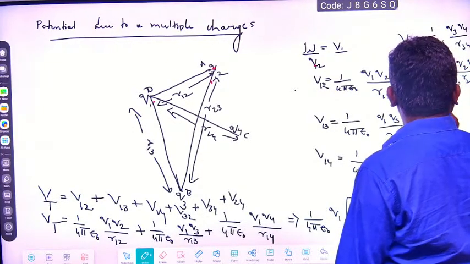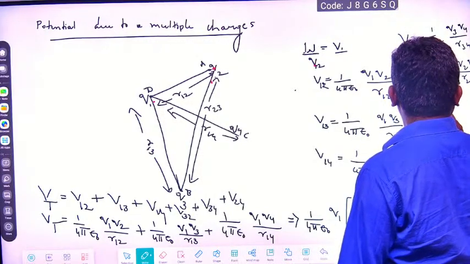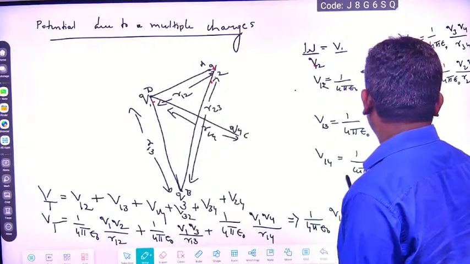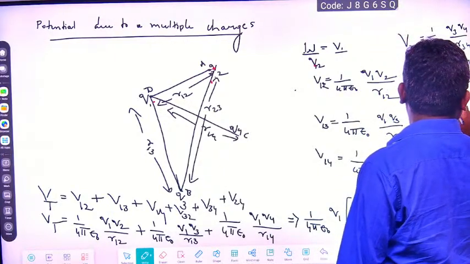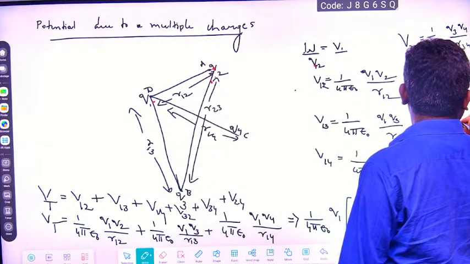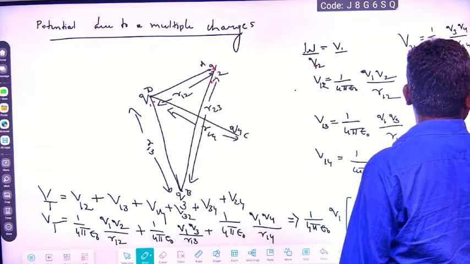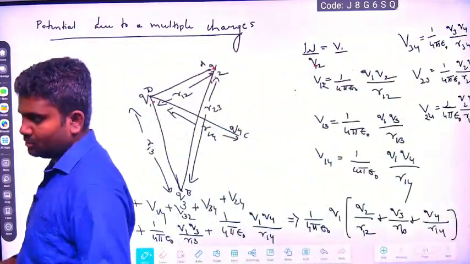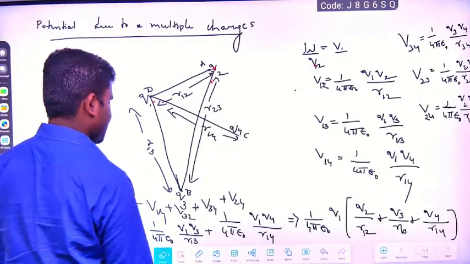Then V34, V24, yeah, V24 also. V24 which is 1 by 4 pi epsilon naught Q2 Q4 by R24. Please add all that. If you add all that only, you will get this one.